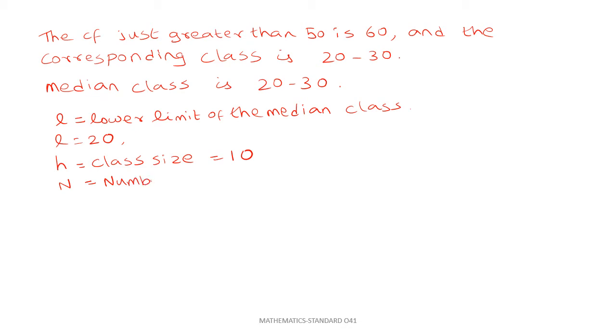And capital N is the number of observations. Capital N or small n, that's not a matter. The number of observations is 100. And f is the frequency of the median class.